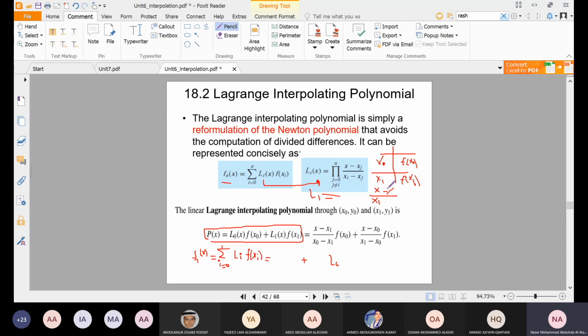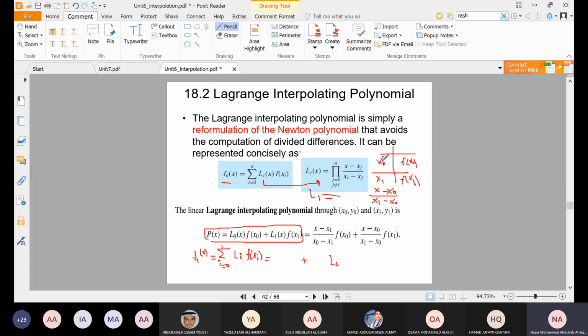In this case, I will take j equal 0 only. So I have L1 with two terms from 0 to 1, and j will equal 0 only, because j should not equal 1. At the end, I will finalize with this form.